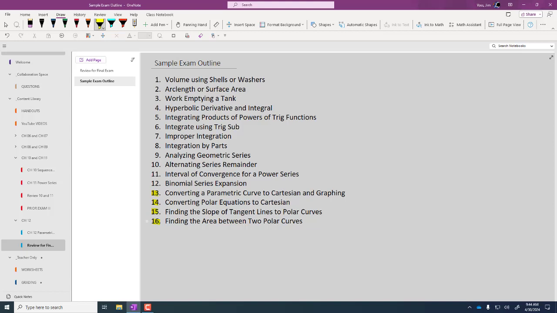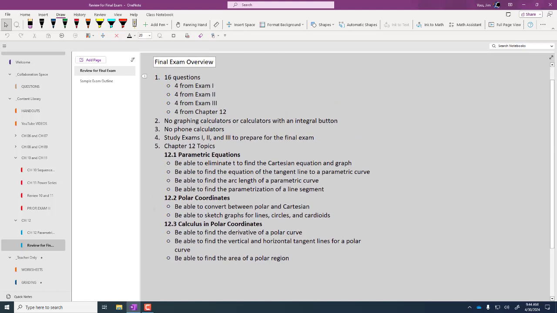Can I get a note card for this? Yes, you get a note card, both sides of a 3x5 note card for the final. Can you just print one out? Yes.